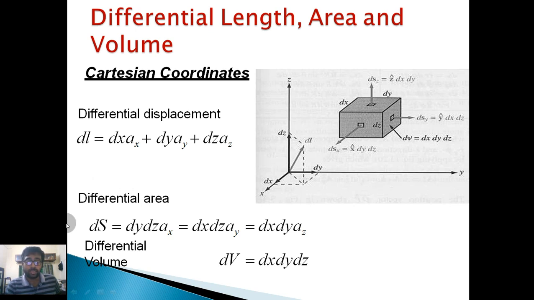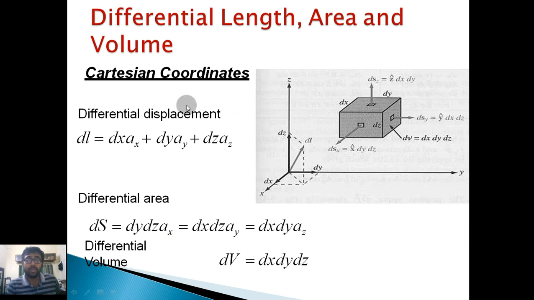If you have to find the surface area along the x-axis, it is the product of dy and dz, and this is the unit vector which describes the direction of that specific vector. In this, ds can be described using each of the three. And this is the differential volume, which is a scalar quantity, as you can see.